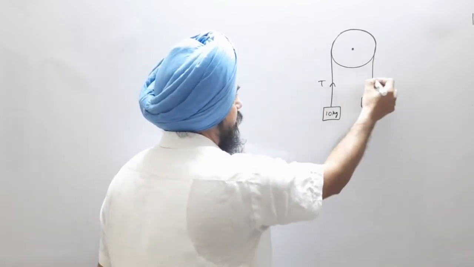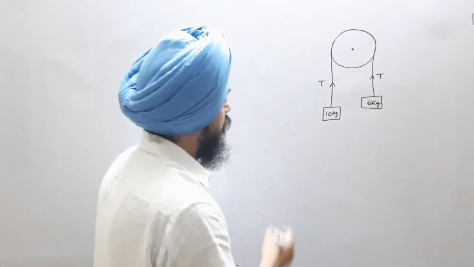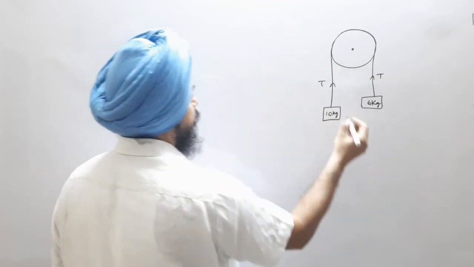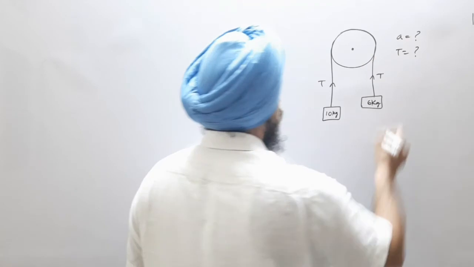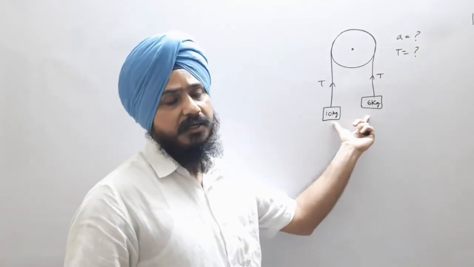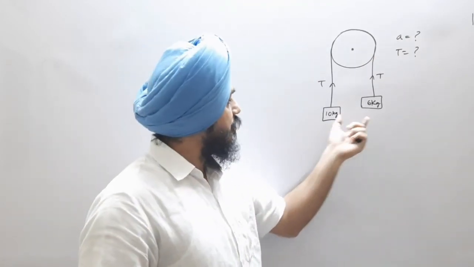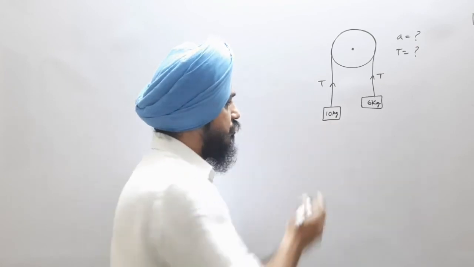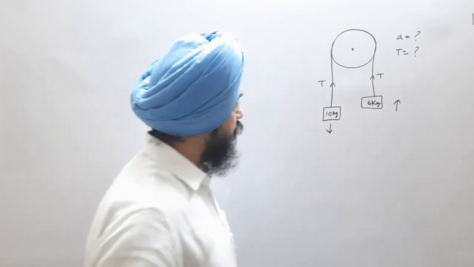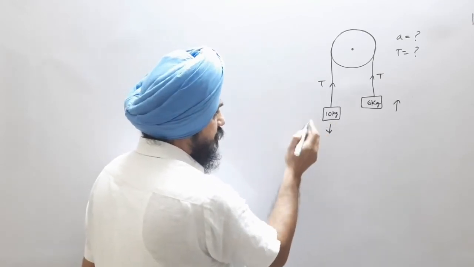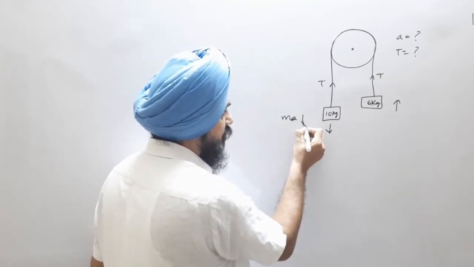The question usually asks to find the acceleration and the tension in the string when these masses are released. As this is the heavier one, it will move downwards and the other will move upwards. Therefore its mass into acceleration will be downwards.